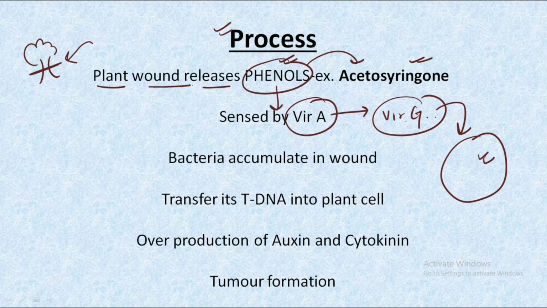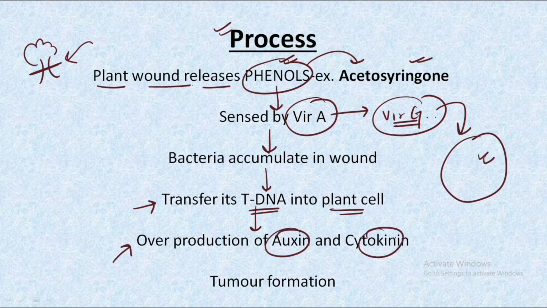When VIRG is activated, the bacteria accumulate in the wound, and after the accumulation there occurs the transfer of the tDNA into the plant cell with the help of the various virulence genes that we have studied. After the transfer, there occurs overproduction of auxin and cytokinin. Why?